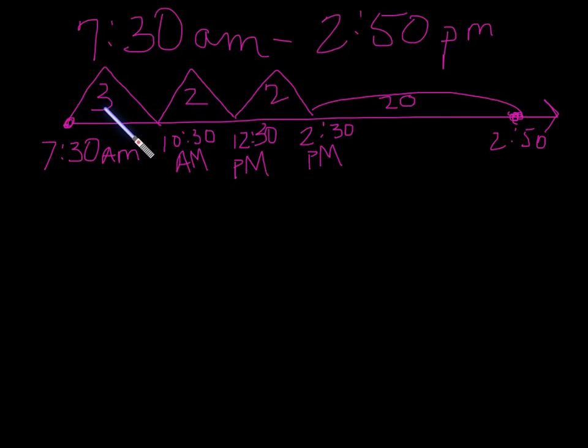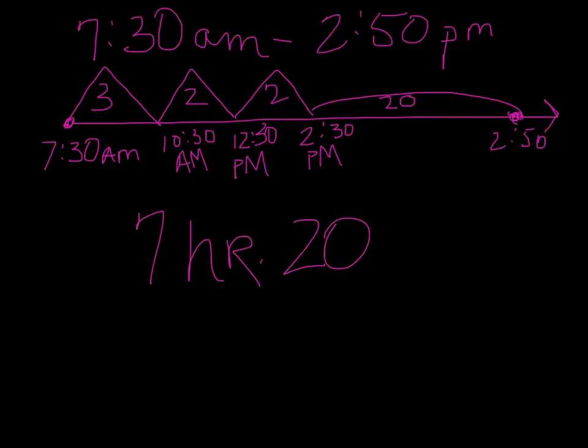So I'm going to add 3 plus 2 is 5 plus 2 more is 7 hours. So I'm going to write 7 hours. But I'm not done, because I can't forget these minutes here. 7 hours and 20 minutes.